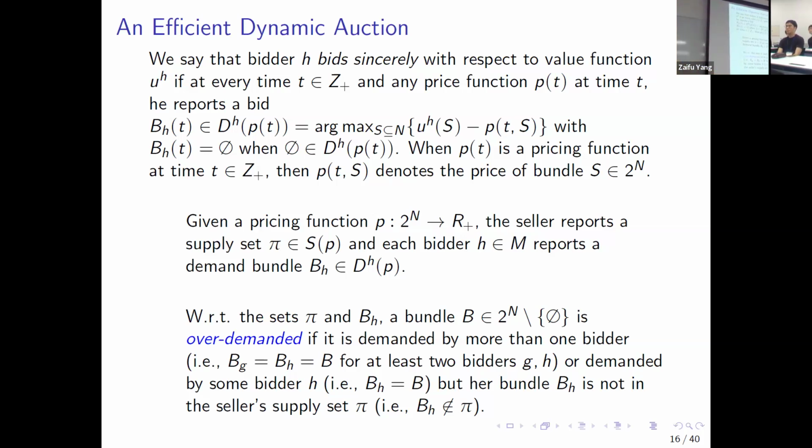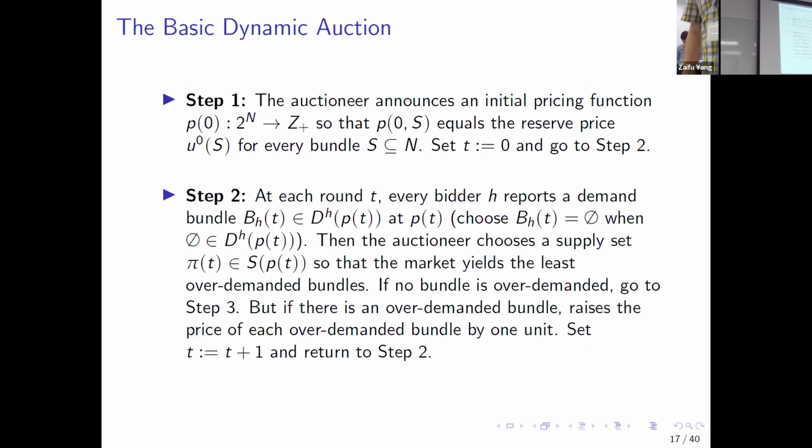Now we have the auction, which is actually quite easy to understand. Basically, the auctioneer initially announces a pricing function such that the price of every bundle equals the reserve price, or even below is okay.